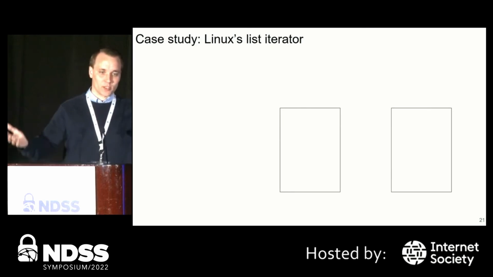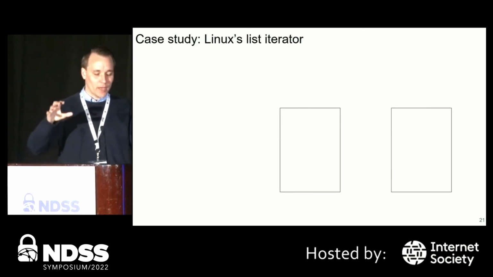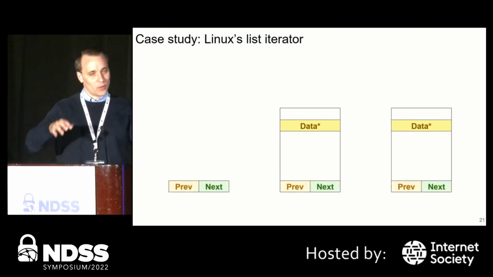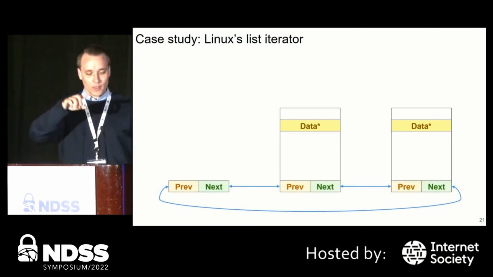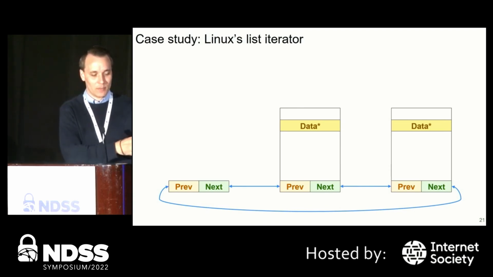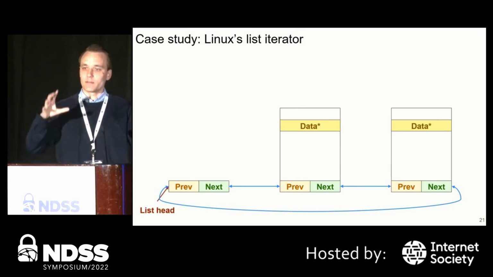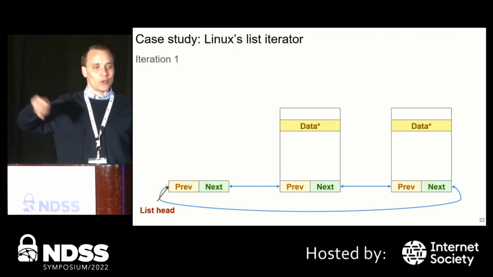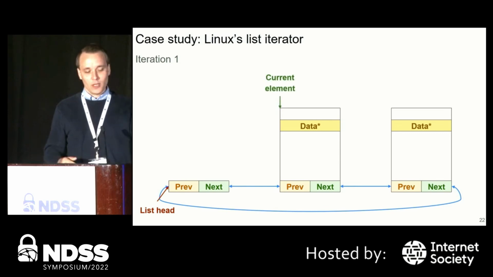So let's go back to computer science 101. We have 2 pieces of data here, and we want to tie them together in a list. We have some pointers, and it's a circular list, with this empty head. This is the kernel's linked list implementation. If you iterate through the list, on iteration 1, the current element would be the first element.